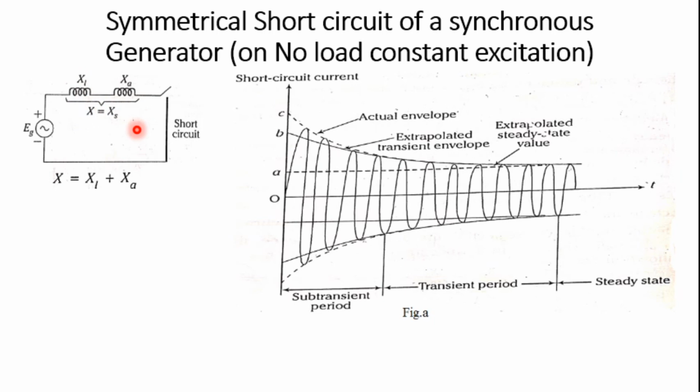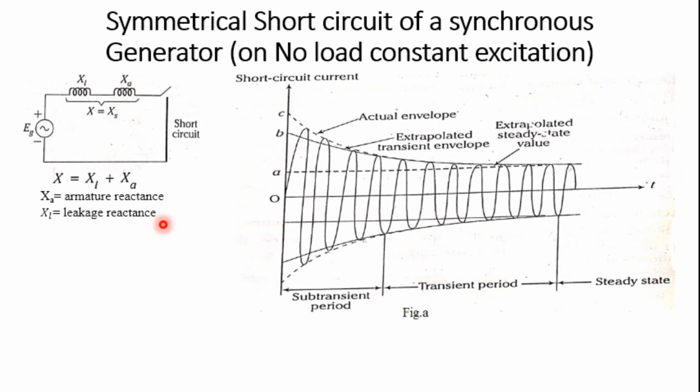Neglecting the armature resistance, the steady state model of the synchronous generator on a single phase basis is denoted by this equation: X is equal to XL plus XA, the leakage reactance and the armature reactance.